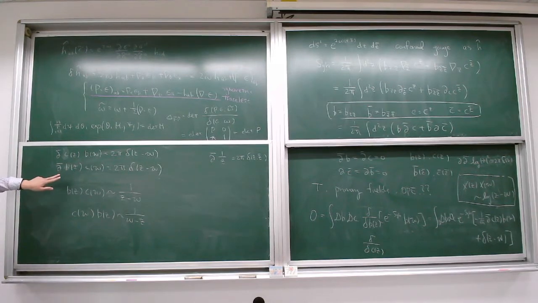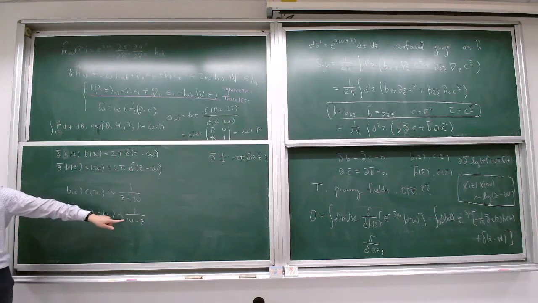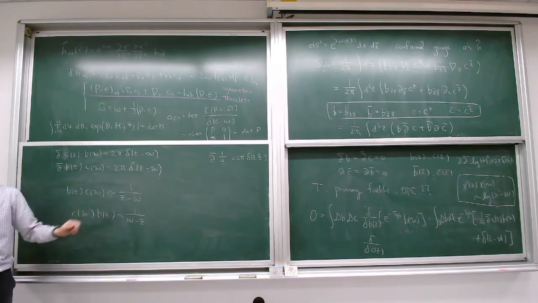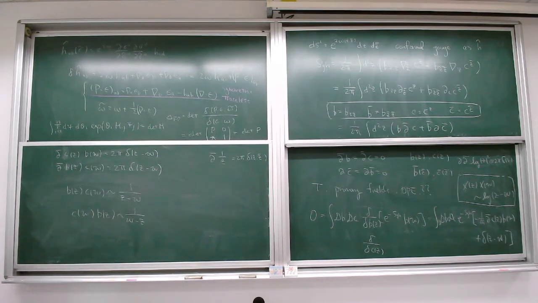Do you understand the logic? Okay, you understand the logic. So as you can easily see, if you swap B and C, you get the minus sign. Therefore it's a Grassmann variable.